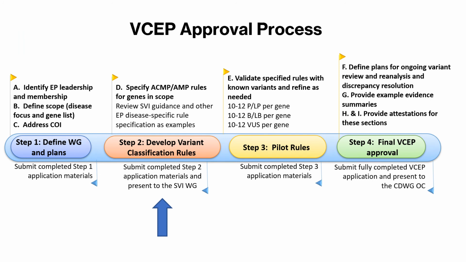After the VCEP completes a draft of their ACMG AMP specifications using a template and instructions provided by the SVI, they submit it to the CDWG Oversight Committee and schedule a time to present and discuss their specifications with the SVI VCEP Review Committee for written feedback. Once the SVI approves the VCEP's draft specifications, the VCEP begins their pilot process.